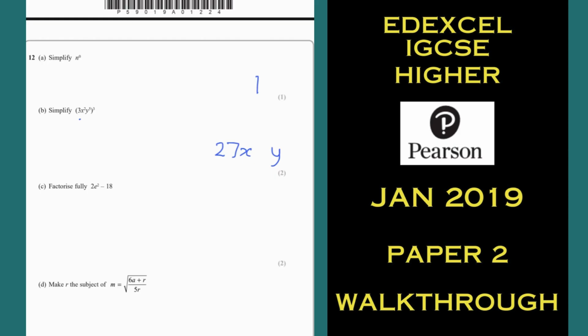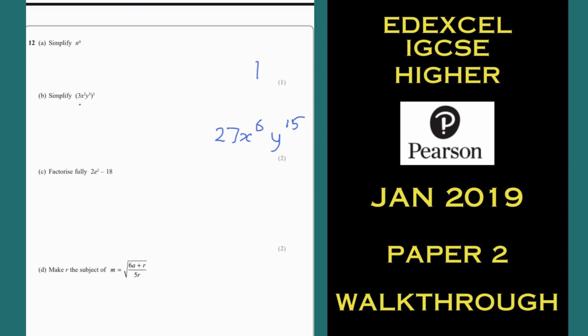And so the rule to simplify them is you multiply the powers. So we've got x squared cubed. 3 times 2 is 6. And for the y's, 5 times 3 is 15.